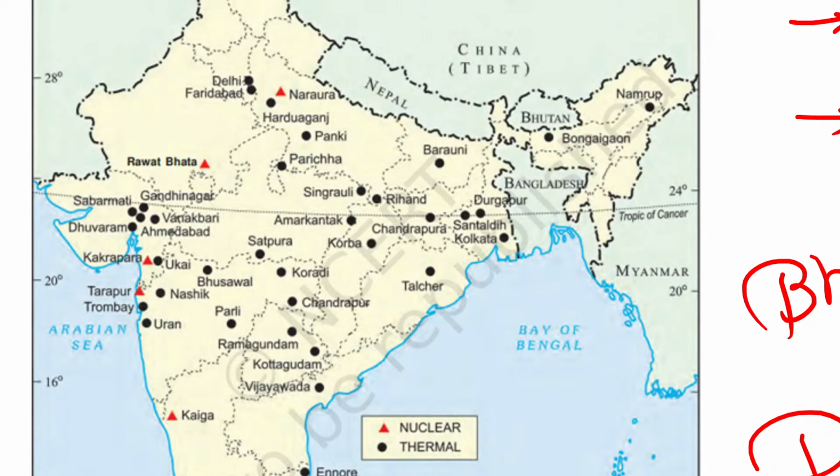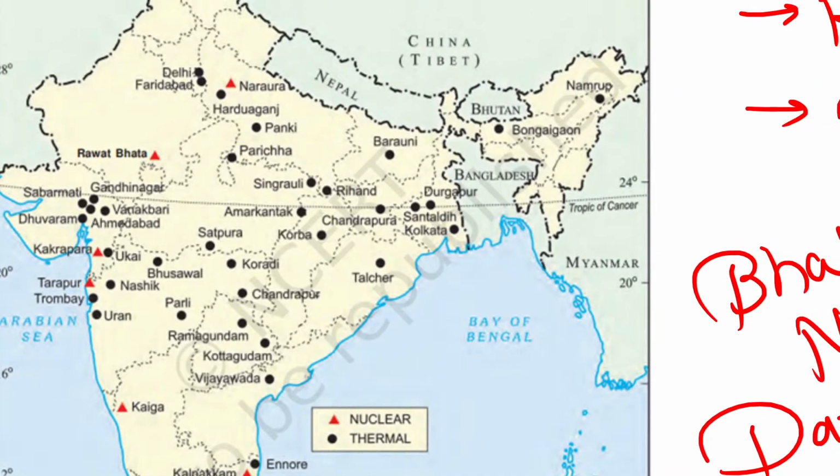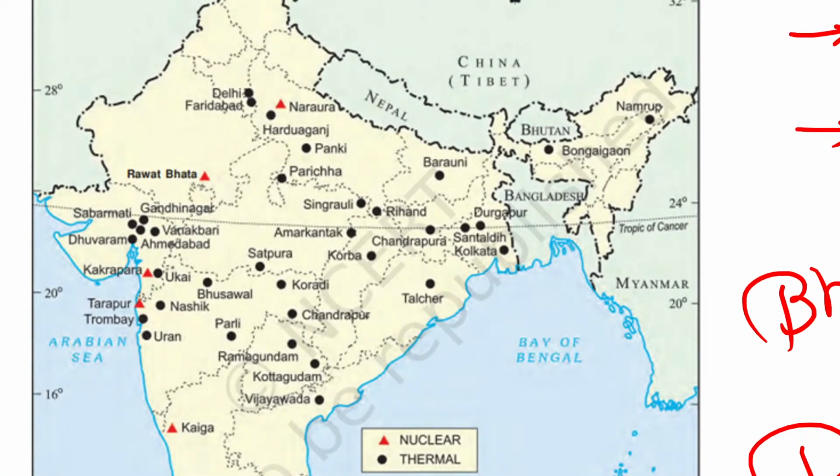remaining others are the thermal power plants. So the thermal power plants will start from the northeast part, that is Namrup, Bongaigaon. Then in West Bengal like Durgapur, Santaldih and Calcutta.